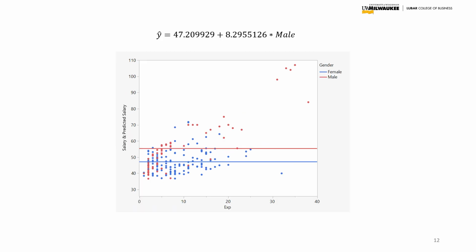Now we did a regression only on the indicator variable, which gives us two predicted values, namely 47.209 for the female group and adding 8.2955 to the 47 for the male group. So from the perspective of the scatter plot, our fitted models are only two horizontal lines. We're not taking advantage of the experience data.